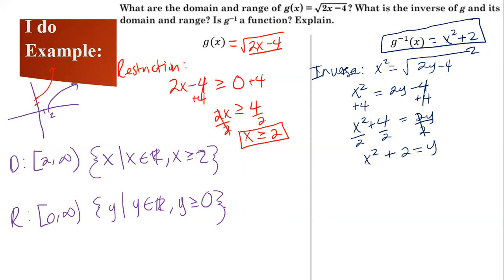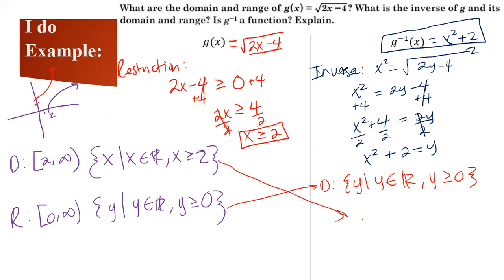So what was the range of my original is now the domain of my inverse, but y is greater than or equal to 0. What was the domain of my original is now the range of my inverse.